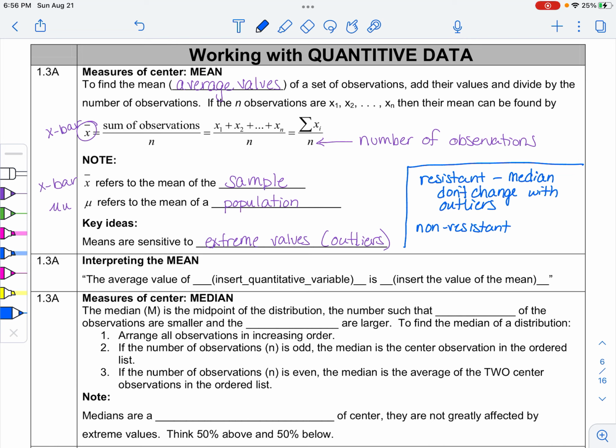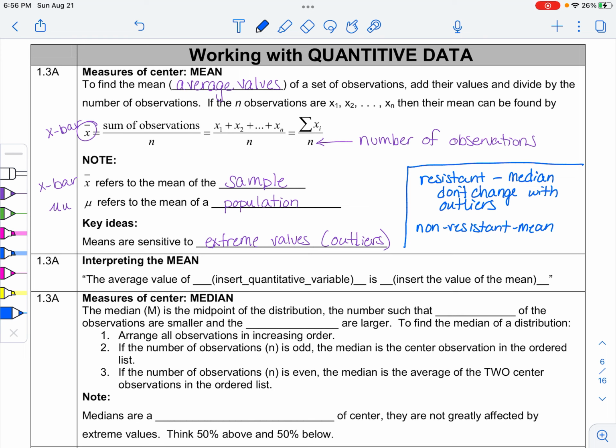And then there's this other word, non-resistant. Non-resistant, these go with the flow. This would be your mean. Your mean is absolutely affected by outliers. An example that we have is Jeff Bezos. He is a billionaire. If he moved into the town of Schaumburg, we definitely know that the average income would drastically increase.